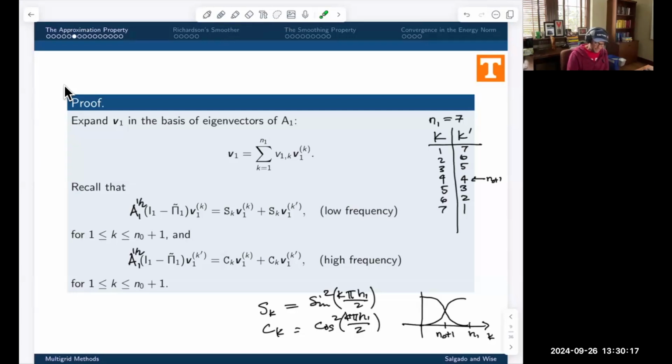It's going to produce the same set of vectors that I get here, but now I'm going to liberate an eigenvalue and another eigenvalue. I liberate an eigenvalue associated with the frequency or wave number k, and also one associated with wave number k prime. But now these eigenvalues are not going to be lambda 1, they're going to be the square root of lambda 1. And so that's the only difference.